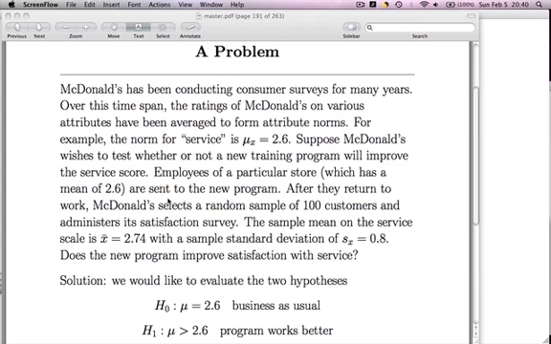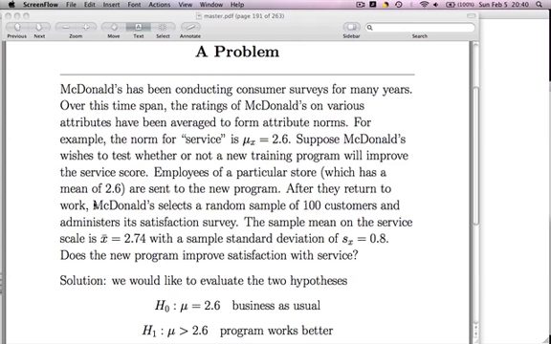So let's say that McDonald's wishes to test whether some new training program will improve the service score. McDonald's has been very innovative in training their employees. They have a Hamburger University out in Oak Brook here. Employees at some particular store, which is known to have a true mean of 2.6, are sent to the new program.